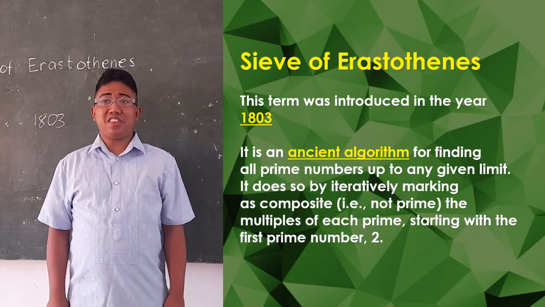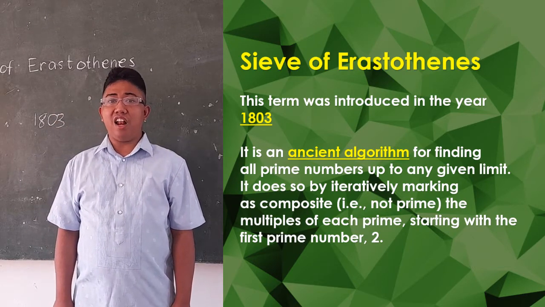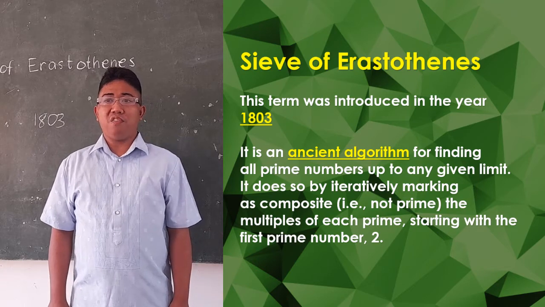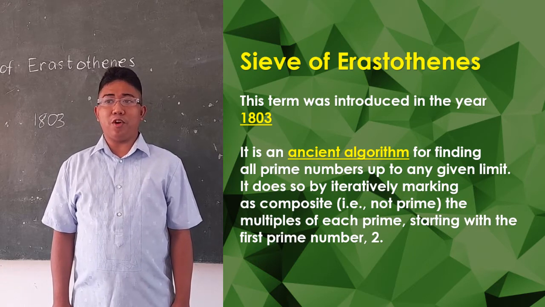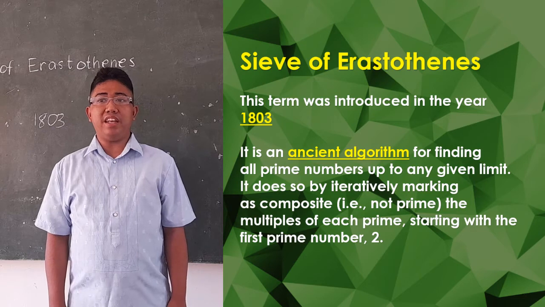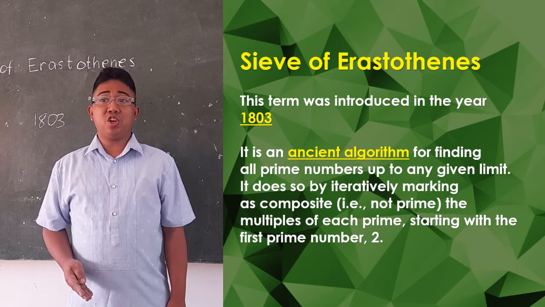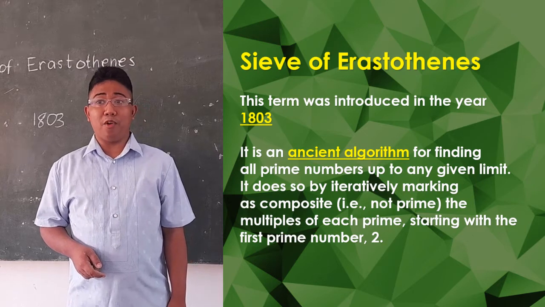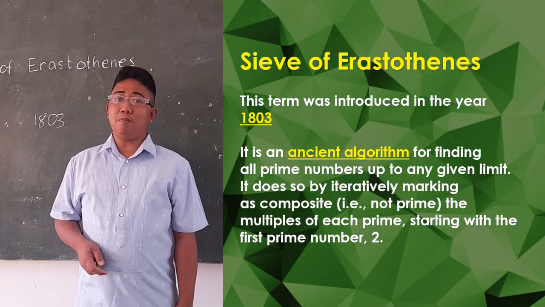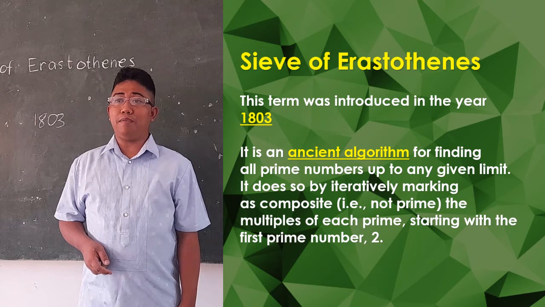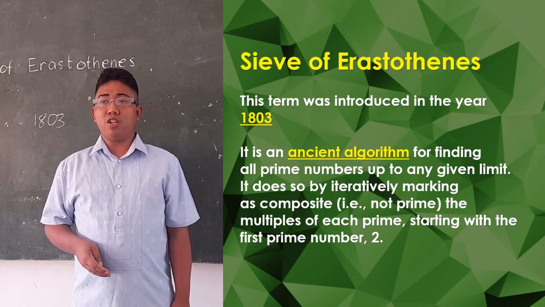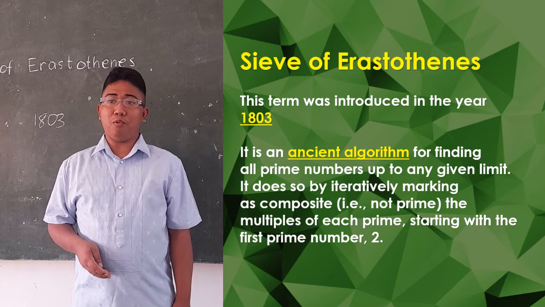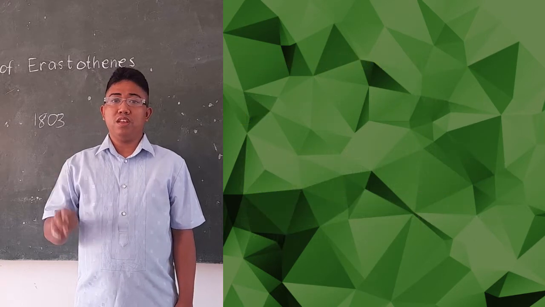The Sieve of Eratosthenes is an ancient algorithm or method for finding all prime numbers up to any given limit. It works by marking as composite the multiples of each prime number, starting with the first prime number, which is 2. A composite number is not a prime number.